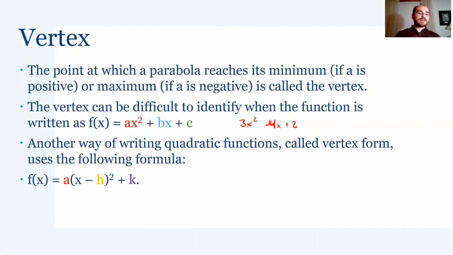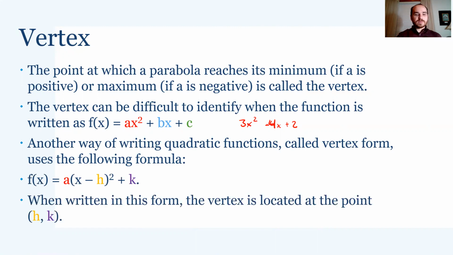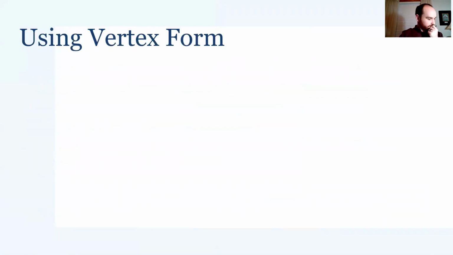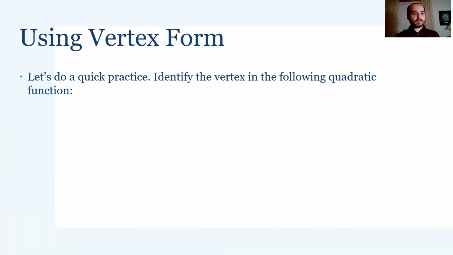It's f of x equals a times x minus h squared plus k. And the reason this is useful is when written in this form, the vertex is located at the point h comma k. So effectively, this would be the x coordinate of your vertex, and this would be the y coordinate of your vertex. We're going to talk a little bit more about how to write equations like this in just a second.